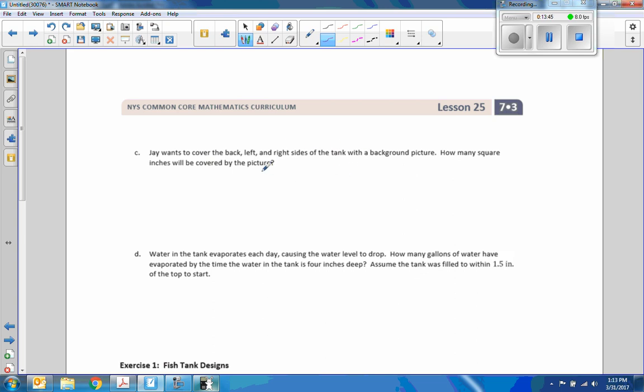It says how many square inches will be covered by the picture, and that is surface area, which would equal the length, excuse me for pausing here, I'm trying to think of how to explain this. It'd be the length times the width of the back plus length times the width of the left side plus length times the width of the right side.